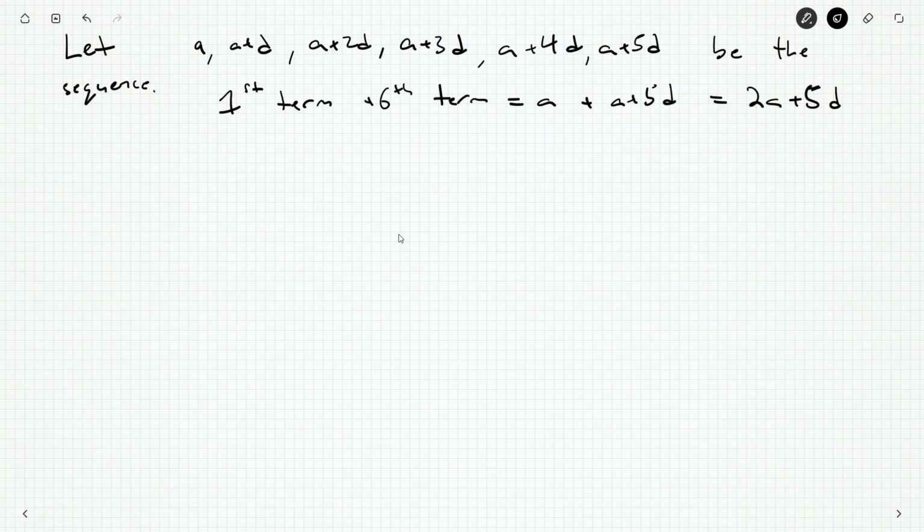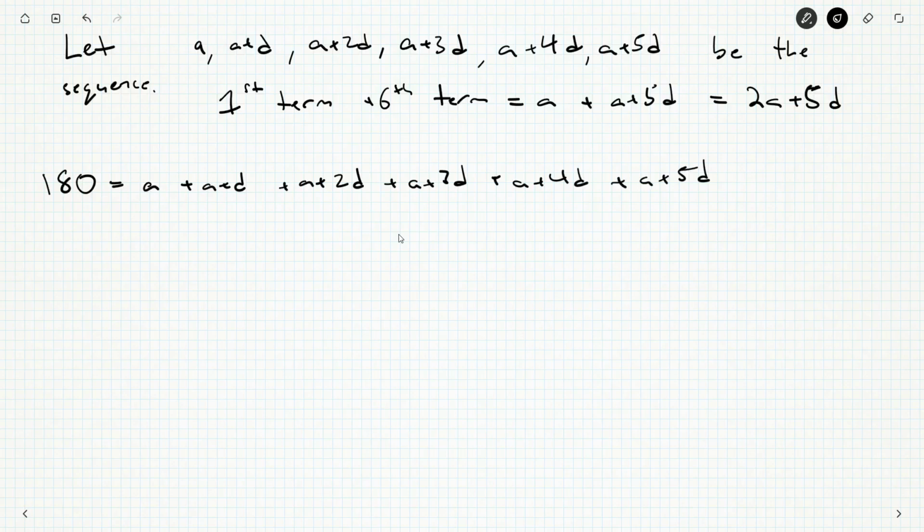What's the only other piece of information that we're given other than it's a 6-term sequence? Well, we know 180 is the sum. So I'm betting there'll probably be a quick division somewhere. So we've got 6 A's. And then we've got D plus 2D, so that's 3, 6 D's, 10 D's, 15 D's.